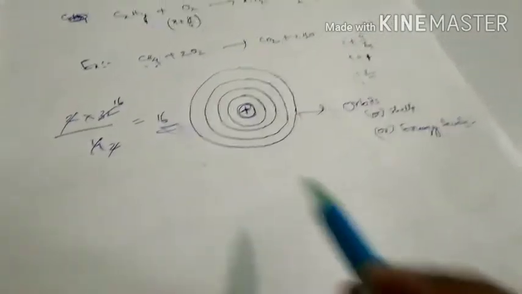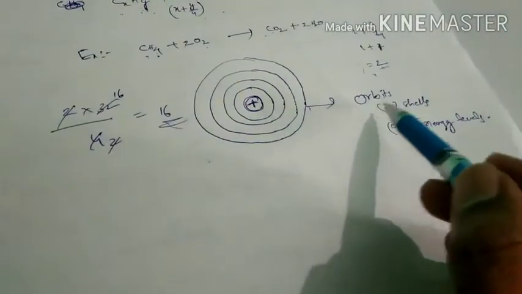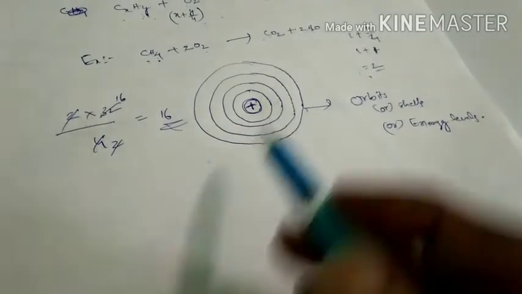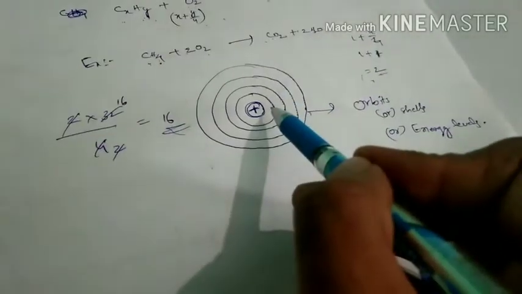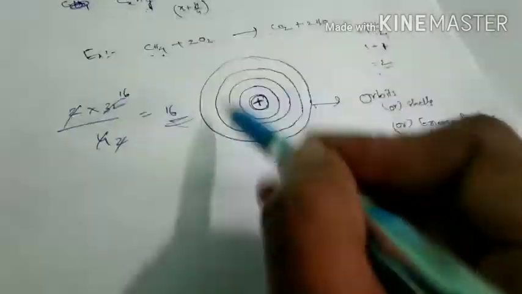All are the same. These circular paths are called orbits or shells or energy levels. Electrons revolve in these orbits.